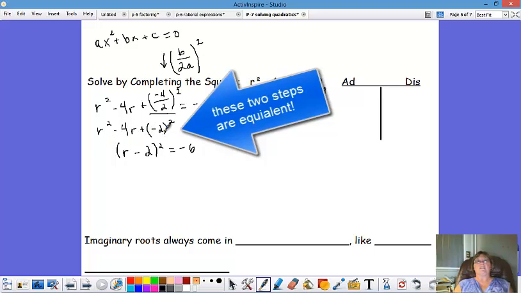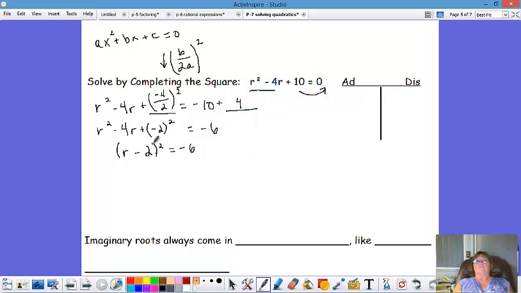Remember, the factoring pattern says you take the square root of this, you double it, and if that's the case, then that boils down to square root of this, square root of this, used twice. And that's exactly what we've done. We've put this into a more convenient form for us. The reason that we do that is because now, folks, we have something that's squared. We can take the square root, and that's exactly what we're going to do.